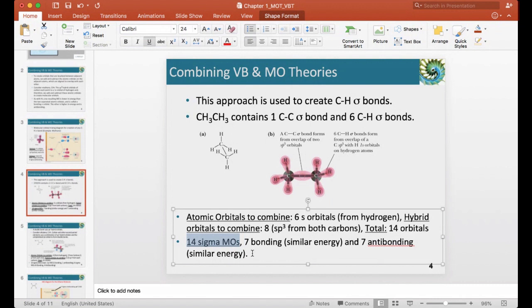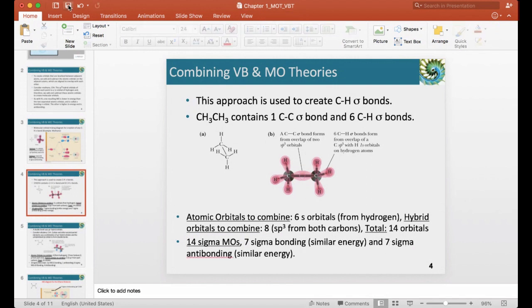How many electrons do we have in this molecule? 2 per bond, so 2, 4, 6, 8, 10, 12, 14. Because we have 7 sigma bonding orbitals, these 14 electrons will be in the 7 sigma bonding molecular orbitals, and the 7 sigma anti-bonding will be empty.